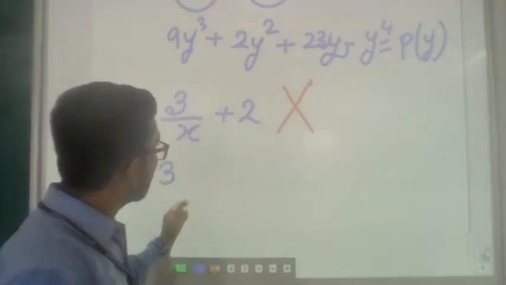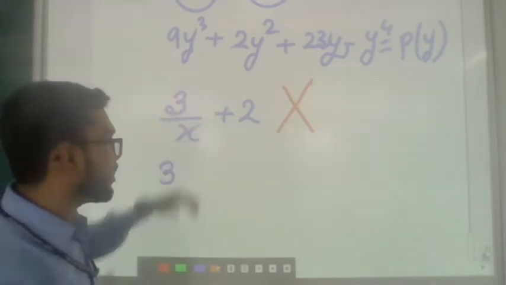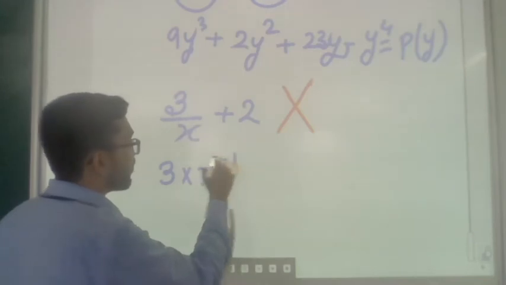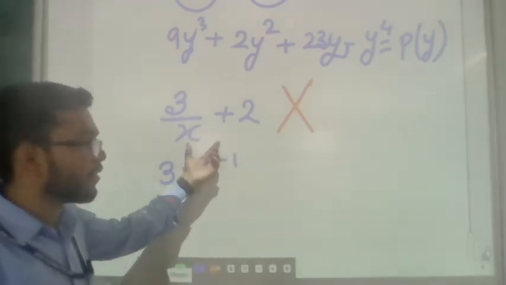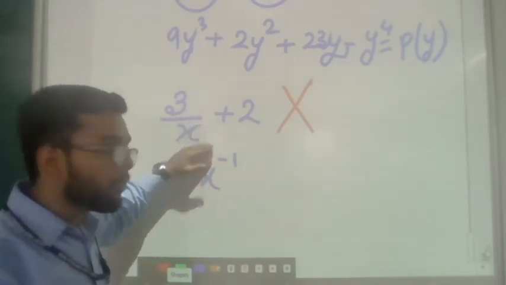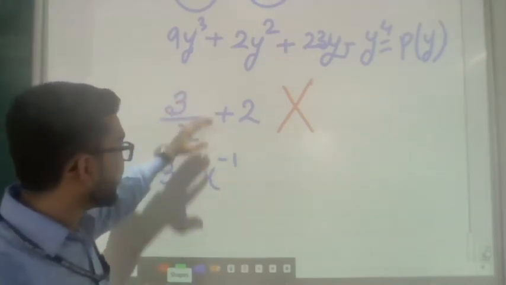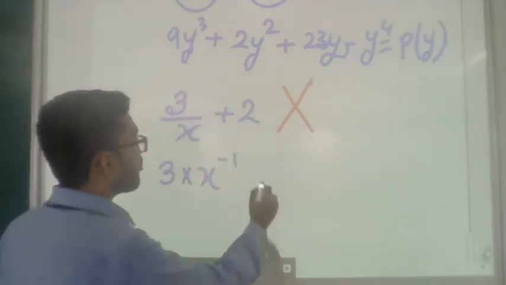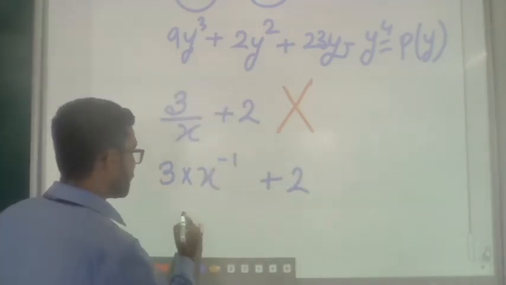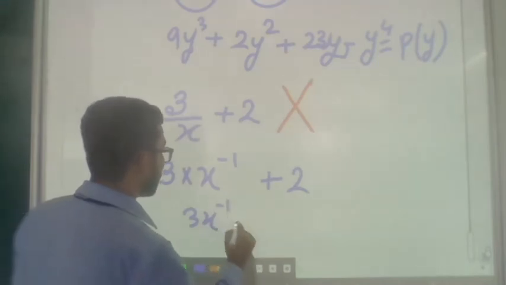If we transpose it into the numerator, it becomes 3 into x to the power minus 1, because in the denominator it has the power plus 1. When transposed into the numerator, it becomes minus 1. So it is 3x to the power minus 1 plus 2.